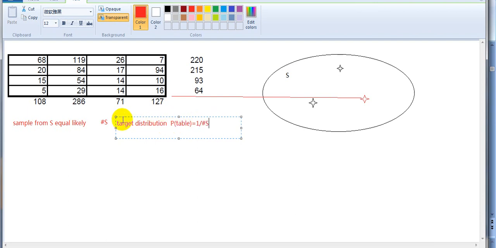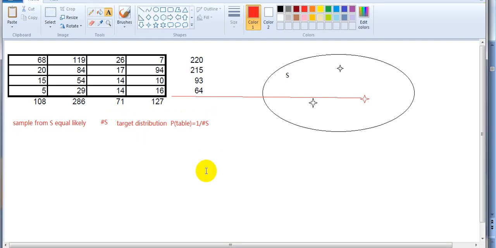We only know the target distribution is uniform, but we don't know the exact number. So you can see the problem: we don't even know the target distribution, but we want to sample from it. How can we do that?